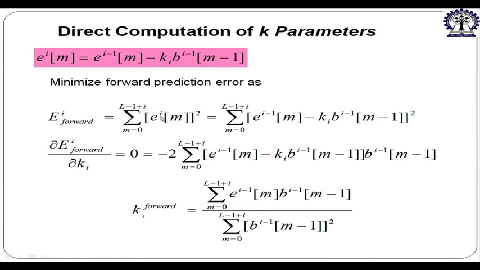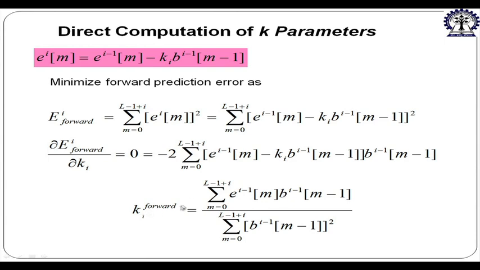You know that e_i(m) can be written as e_{i-1}(m) minus K_i into b_{i-1}(m-1), that whole squared. Now, how do you minimize? I differentiate with respect to K_i and equate to 0. So, check the differentiation and find out the K_i forward value.